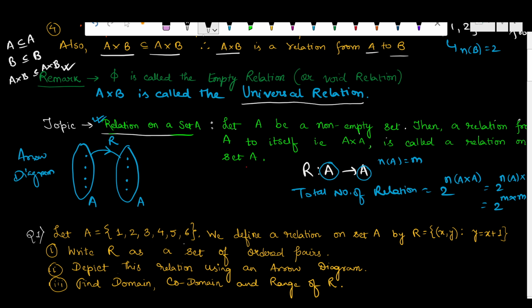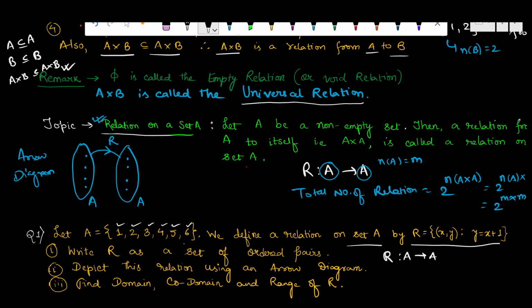Suppose we have A containing 1, 2, 3, 4, 5 and 6, right? We define a relation on set A, meaning R is from A to A, by R equals {(x, y) such that y equals x plus 1}.